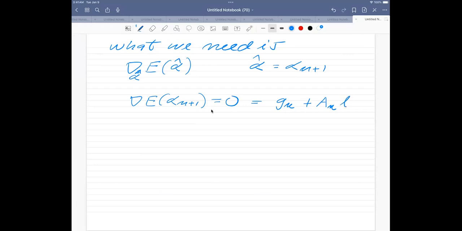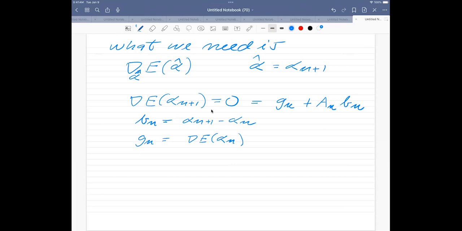So this is going to be given by B of n, and B of n is a quantity which is given as alpha n plus 1 minus alpha n. And G of n is just the gradient of the energy which we have calculated at the value alpha of n. So let me just remind you that G of n is now the derivative of the expectation value of the energy at alpha of n.